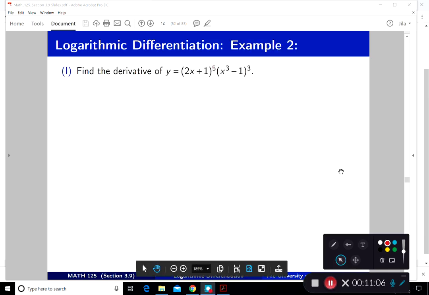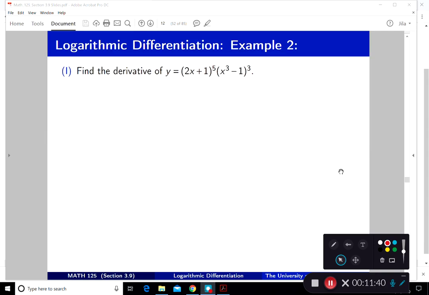Okay, another place that we use logarithmic differentiation is when we have a function that is a product of a bunch of functions. The example that we're giving in part 1 of example 2 doesn't have too many products, but it still pays off to learn it with fewer products and see how it works with more products with the same rule.